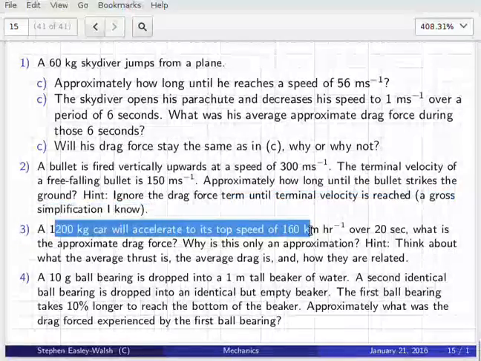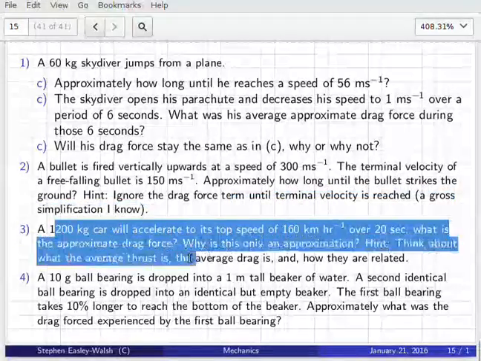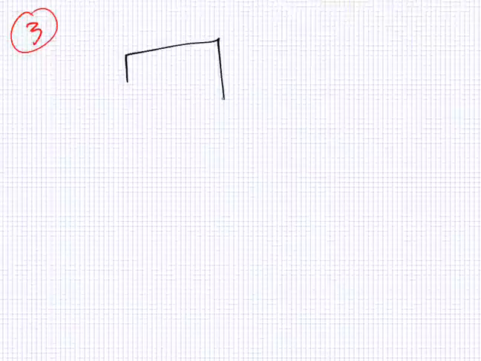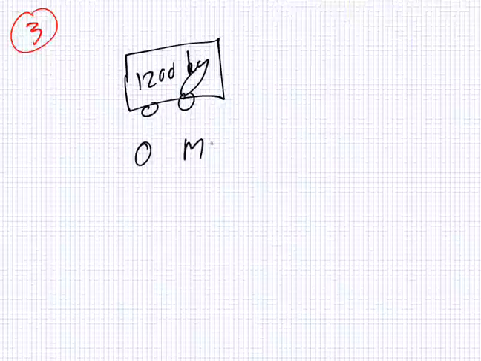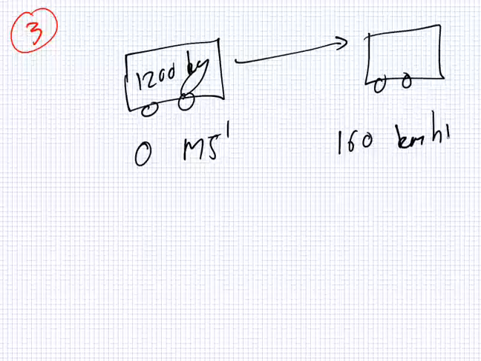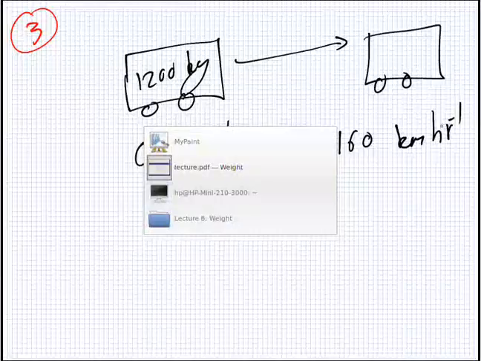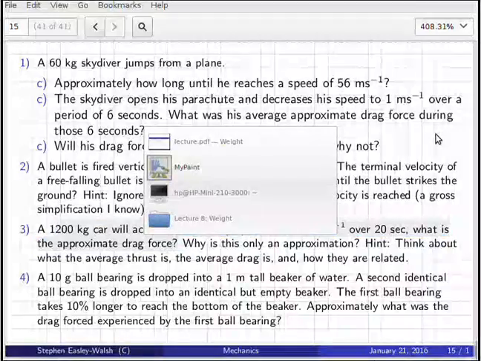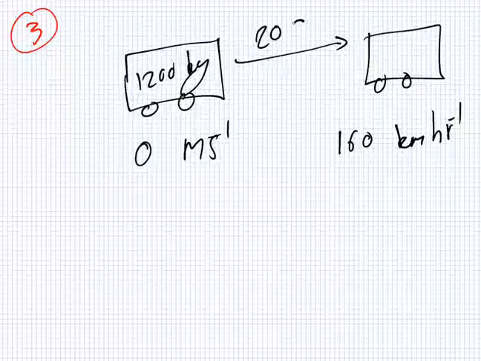So let me get the s at the start. s equals ut plus a half a t squared. So here the s is 4,587 meters.